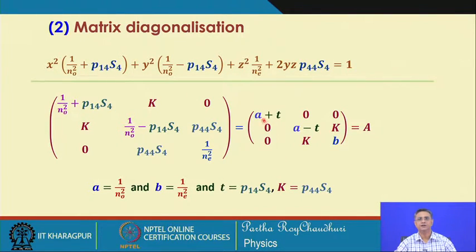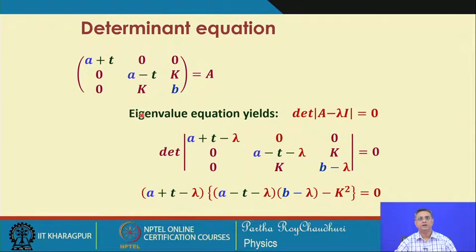So we get this matrix, which has to be diagonalized. Let us call this matrix A, and the eigenvalue equation will be this polynomial: the determinant of this equation will be equal to 0, that is well known. From here we can write this determinant equation, this quantity into this minus k square, that is what is written here.